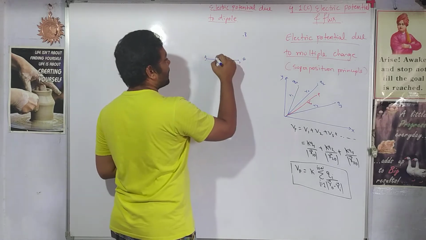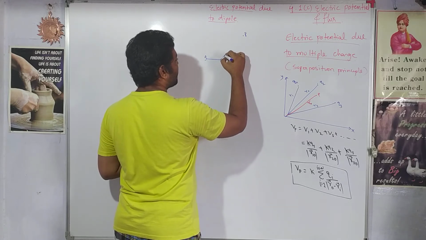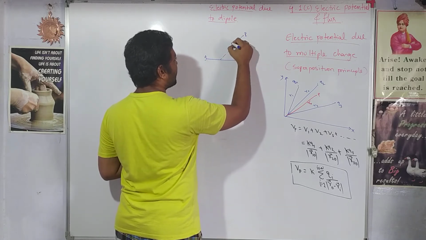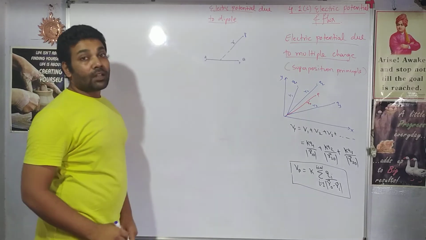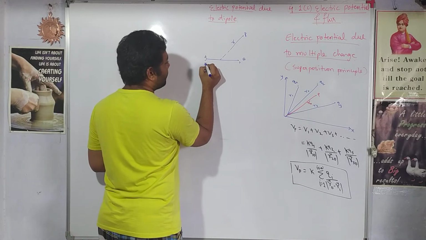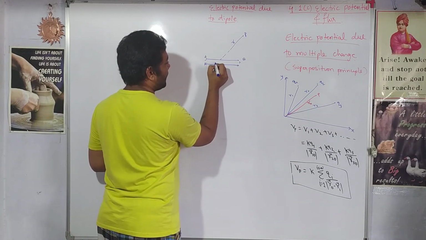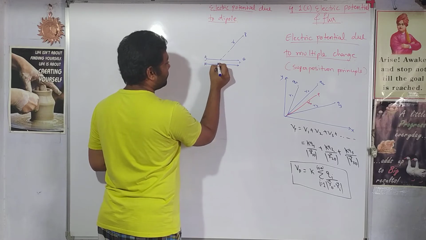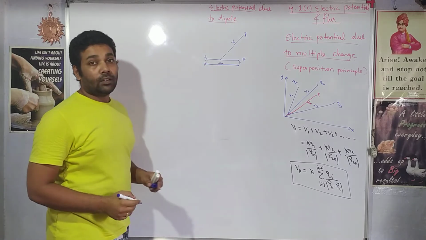So I want to calculate the electric potential at a point P, located at a distance R from the center of the dipole. The width of the dipole is 2A.